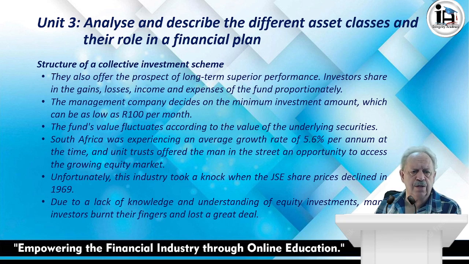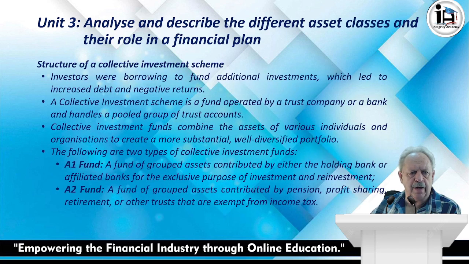Unfortunately, this industry took a knock when the JSE share prices declined in 1969. Due to a lack of knowledge and understanding of equity investments, many investors burnt their fingers and lost a great deal of money. Investors were borrowing to fund additional investments, which leads to increased debt and negative returns.